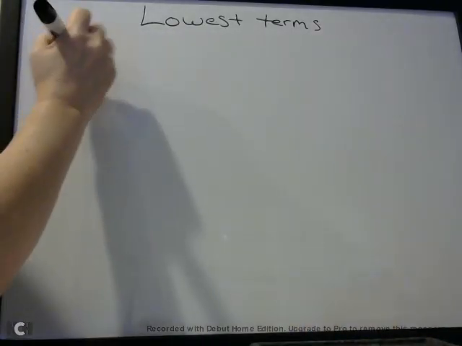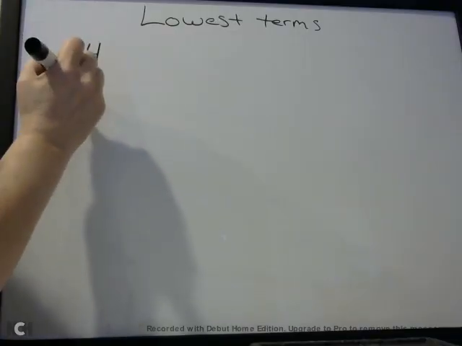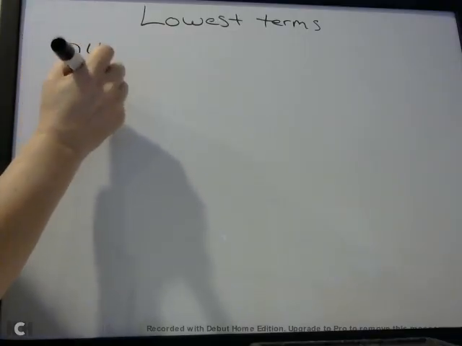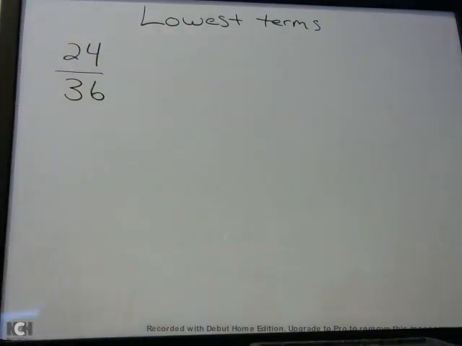So if we take a fraction like 24/36, we need to know what number will divide into both 24 and 36 evenly. If you don't know how to do that, you'll want to watch the video on divisibility so you can more readily know what numbers will divide evenly into other numbers.